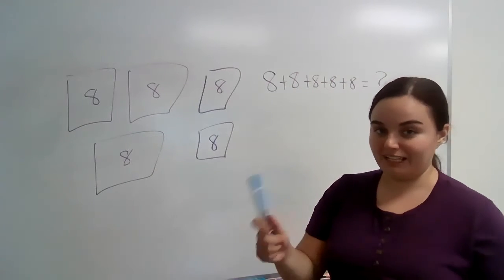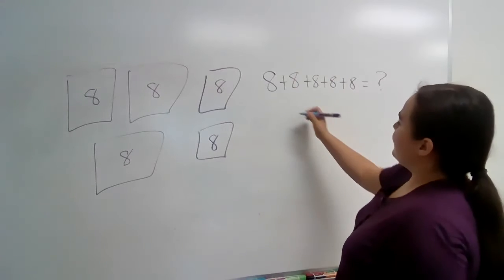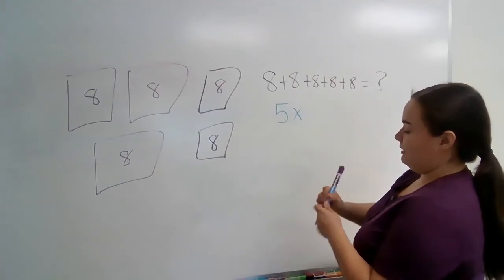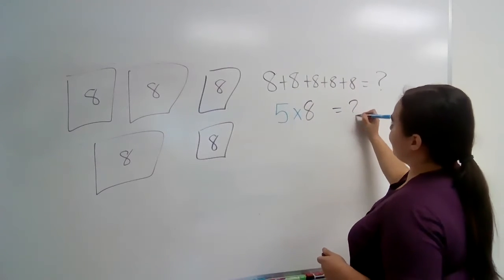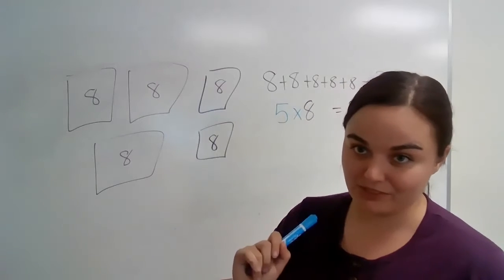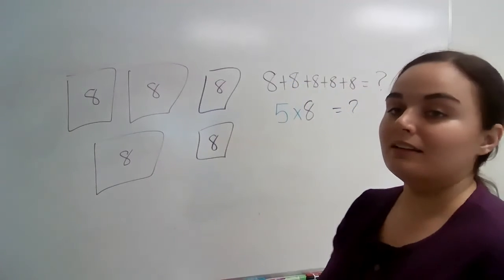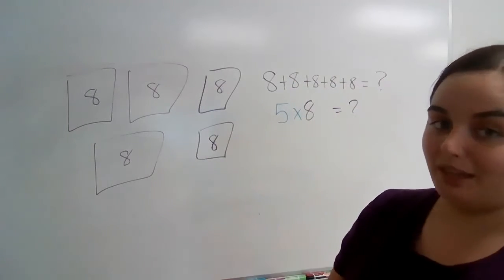Or, again, tying back to the idea that multiplication is just high-speed addition, we can say there are 5 groups of 8, and that equals something. Okay? These both represent the exact same number at their answer. Instead of going 8 plus 8 plus 8 plus 8 plus 8, we just say 5 groups of 8 equals something else, all right?